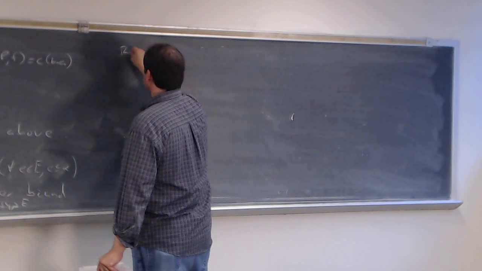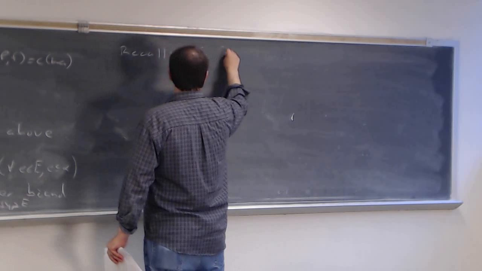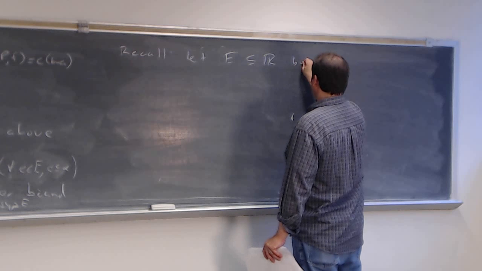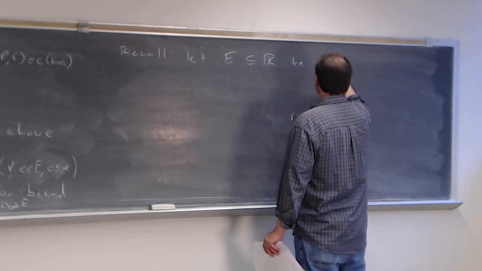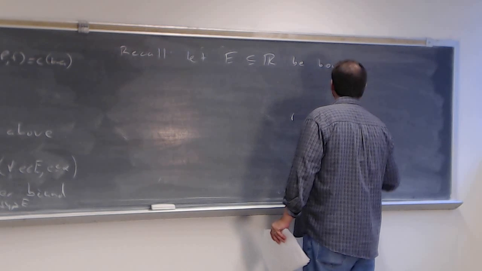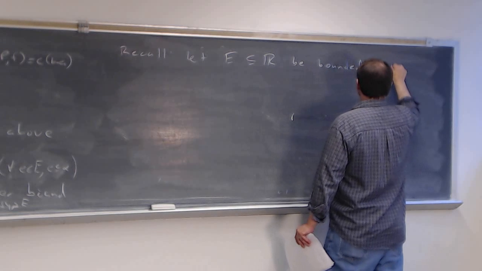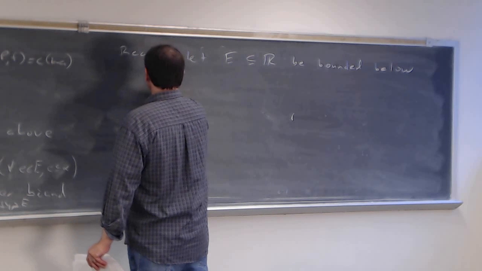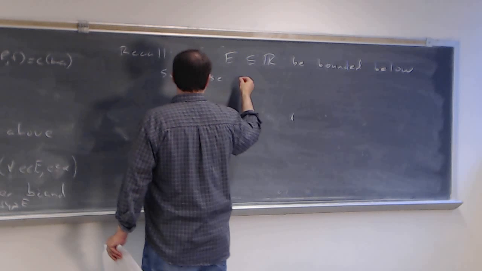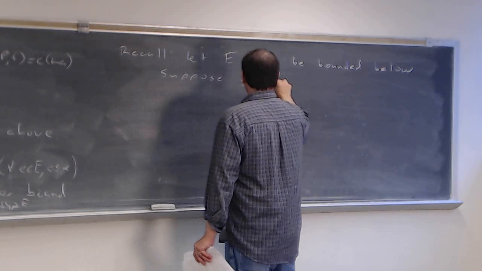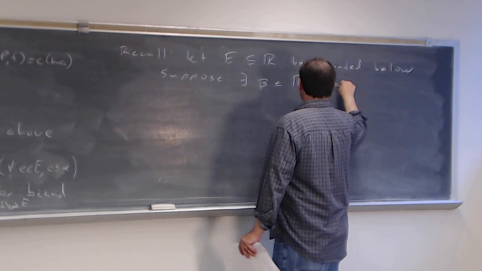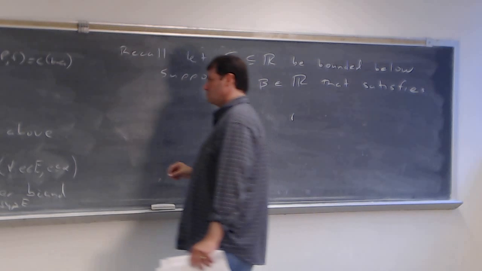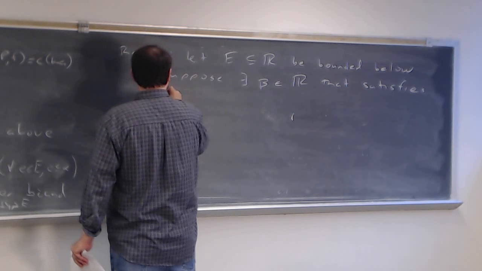Let's recall, if we let E be a subset of R, bounded below, then suppose there exists a beta element of R that satisfies two things.